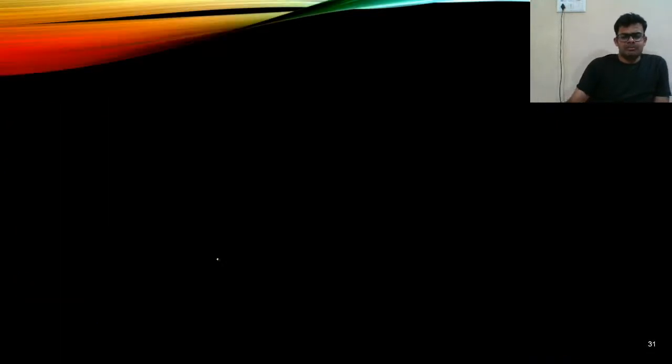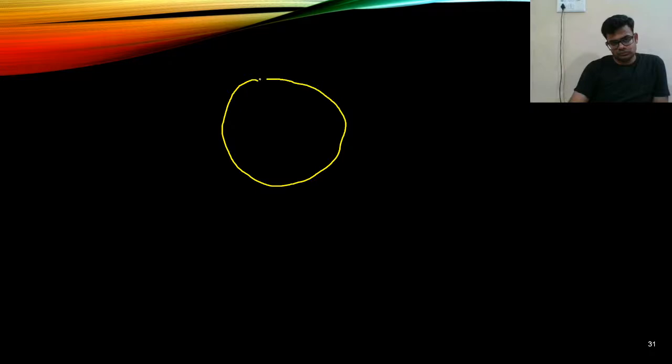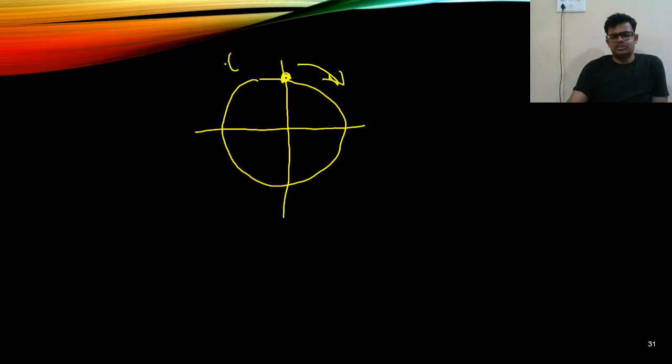One simple question I would like to ask you. Let's say a particle is executing simple harmonic motion in this direction, and at t is equal to 0 the particle is here. This is the y-axis, this is the x-axis, and this is omega.